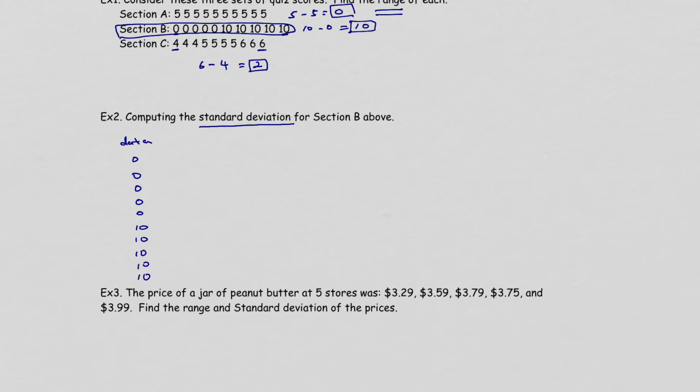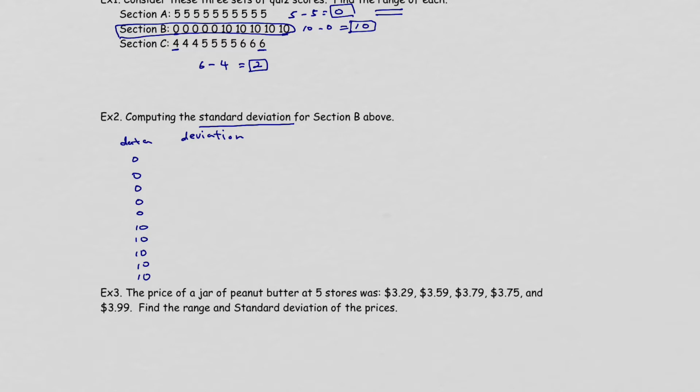And then the next thing you want to find is the deviations. How do we find deviations? We're going to subtract the mean from the data to find the deviations.